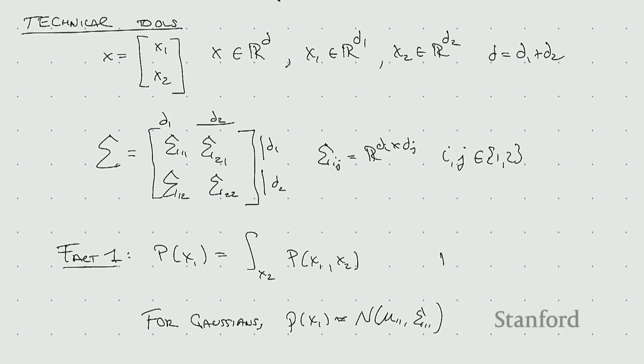Okay, this is called marginalization. It basically means I can grab the mean that I want to grab and the covariance I want to grab when I marginalize them out. And this is because Gaussians have this nice property about being independent in these directions.